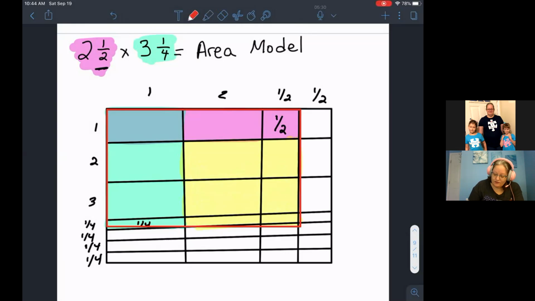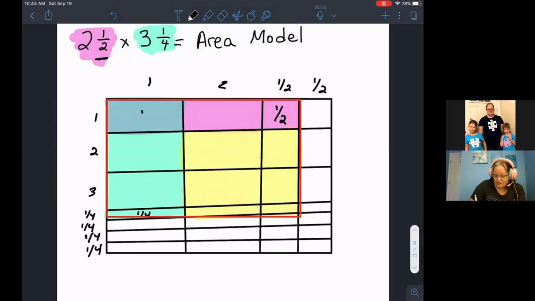So if we count the whole units that we have, 1, 2, 3, 4, 5, and 6. So we know we have 6 total whole units. And then each of these are worth a half. This is equal to a 4 because it's the same as over here.